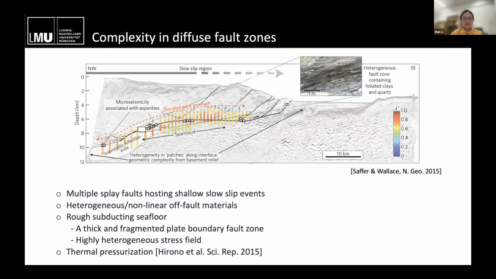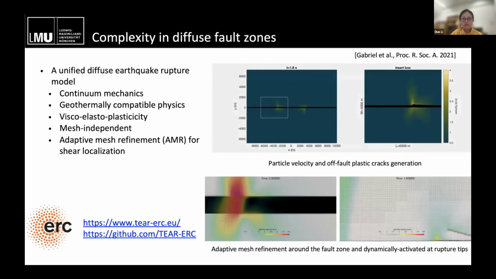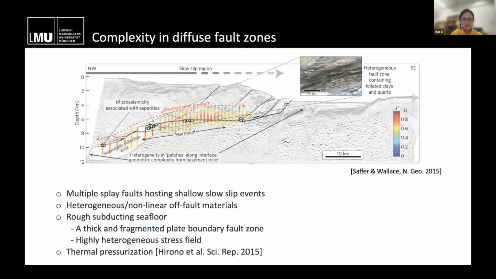We are also interested in the shallower slow slip events because they affect the near-trench rupture of co-seismic slip, and can also affect tsunami generation. But the shallower slow slip events are even more complicated. This is the structure of the shallower part of the subduction interface from the paper of Wallace and colleagues, 2014-15.